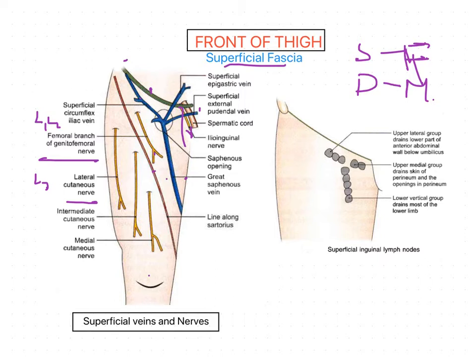Okay, so here it doesn't have that much supply on the front of the thigh. It may supply the region over the ligamentum patellae. That is the lowest point of the front of the thigh, so we can consider here.